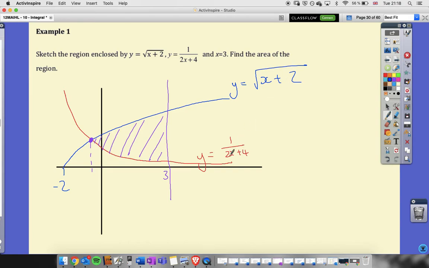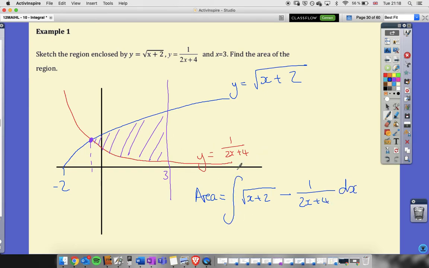Looking at these, I'm not really going to get much in terms of simplifying by doing this. So perhaps this might be one which we can get our calculator to do some of the work for us. So I'm going to do the blue function, square root of x plus 2, minus the red function, 1 over 2x plus 4.